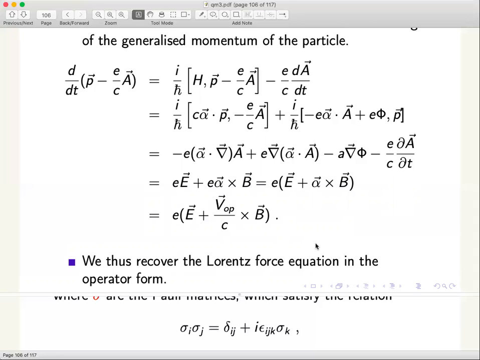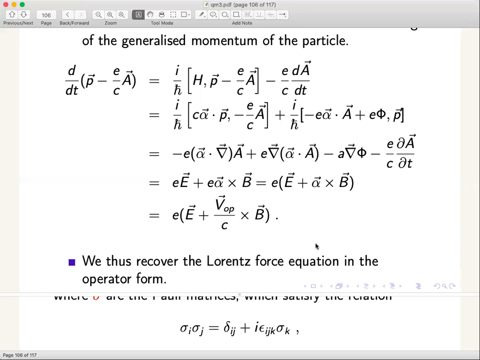If you want to do an experiment, you should be able to measure the rate of change of momentum of the particle and check each piece explicitly out here. Every term here is an observable, so it is experimentally possible to do the measurement. Is that okay?